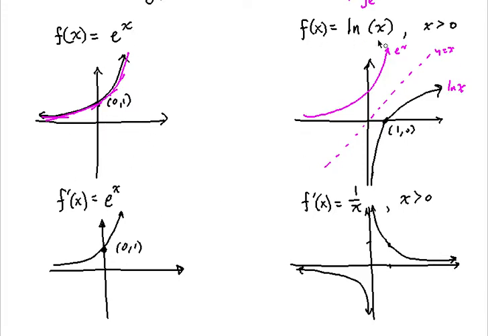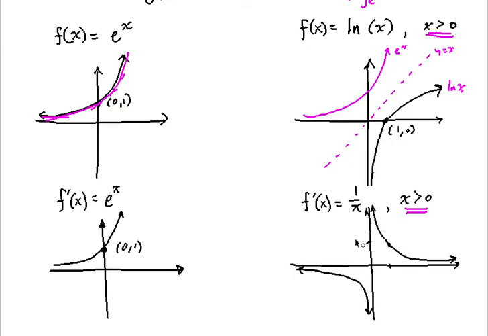Okay, if f of x is the natural log of x, the derivative turns out to be 1 over x. Okay, so 1 over x looks like this. And since 1 over x, this is just a note here. Since my original domain was x is greater than 0, the domain of this must also be, at most, the same domain as my original function.